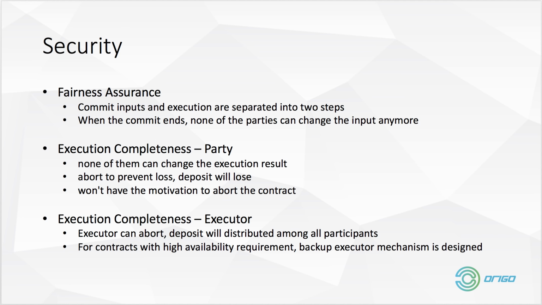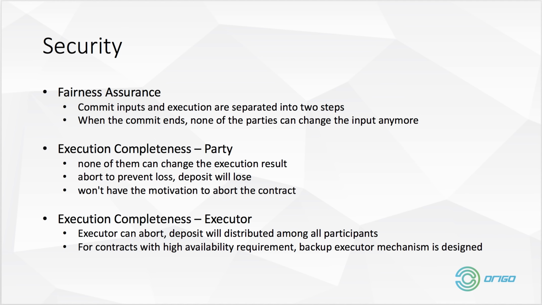This means the executor cannot change the result, because otherwise he cannot generate a right proof. So what he can do is abort, right? If the executor aborts, the protocol at the last step will stop, and then people have to start again, which is bad.